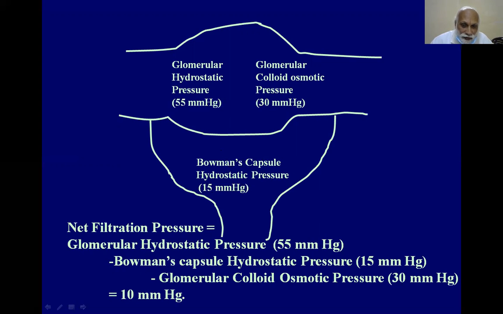So this drawn diagram shows glomerular capillaries, Bowman's capsule, hydrostatic and colloid osmotic pressure in the capillaries, and hydrostatic pressure in the Bowman's capsule. You get the various values and ultimately the net filtration pressure.